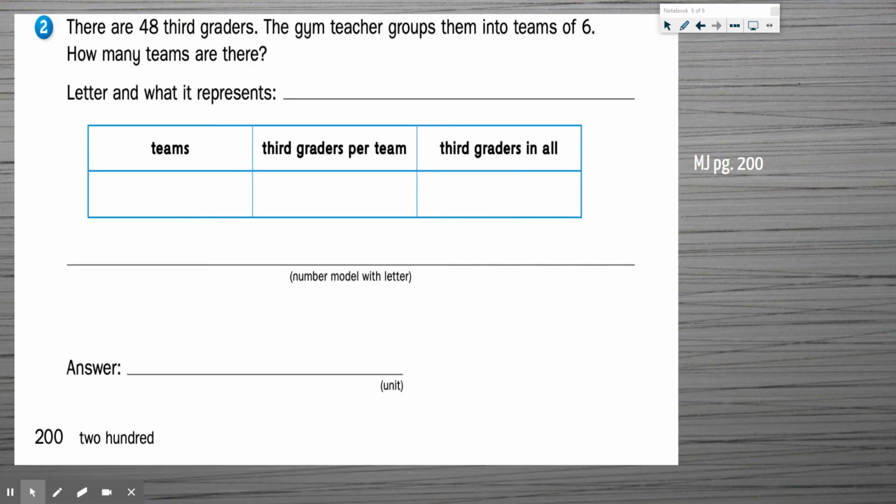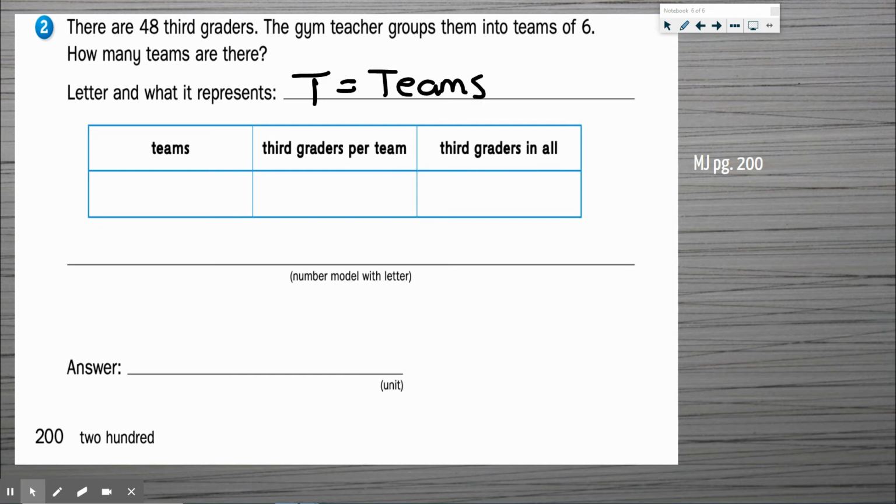Still page 200, I want you to think about how you would solve this. There are 48 third graders. The gym teacher puts them into teams of 6. How many teams are there? Let's go T for teams. I can see 48 and teams of 6.